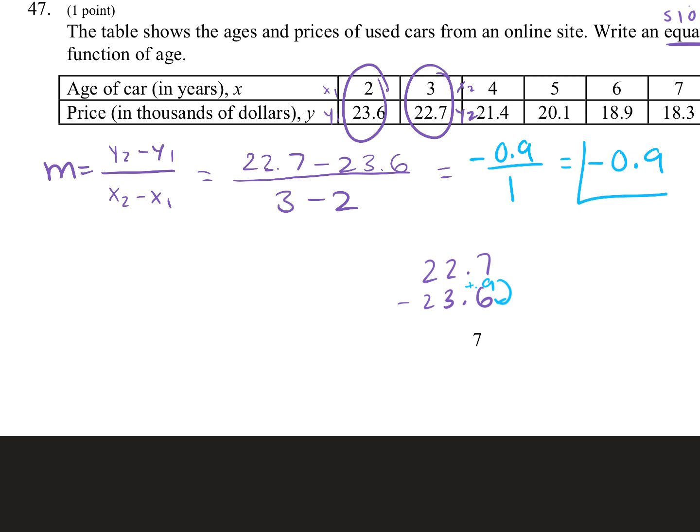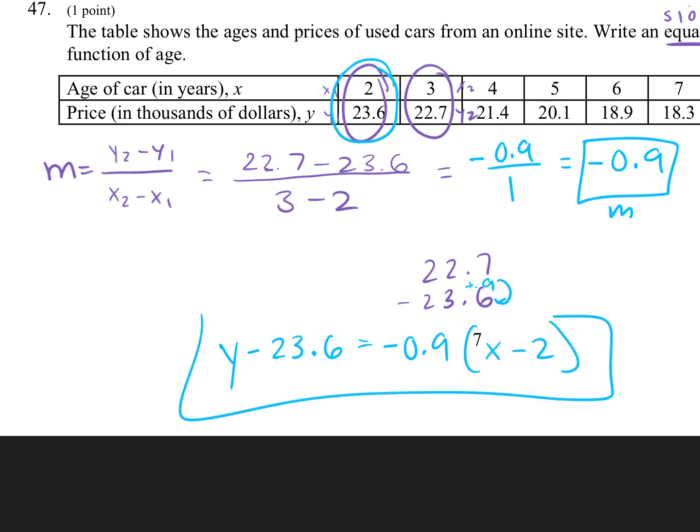So once I find my slope, this is my m, I can use a point, and that's just going to be my x1 and y1. So I have y minus y1, so 23.6 is equal to m, so negative 0.9 times x minus 2. That would be my equation.